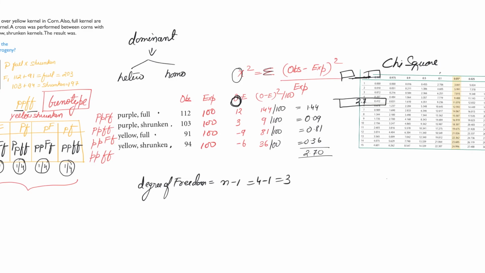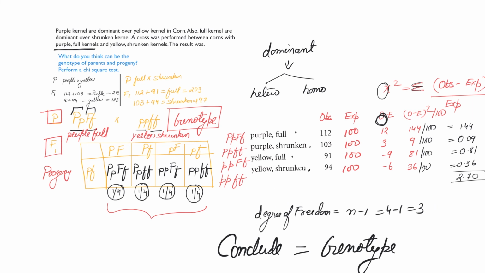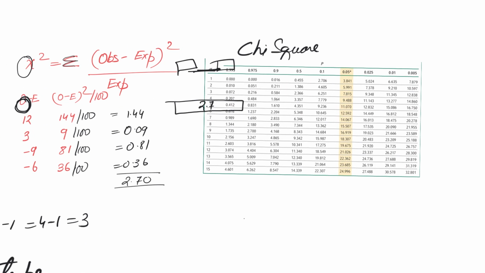Okay, so now we can conclude that our assumption, our genotype evaluation, that one of the parents must be heterozygous for both the conditions and the other parent must be homozygous for the recessive condition, our conclusion is that we were correct, right? So we were correct. And the probability that the difference we are observing is due to chance is between 0.5 and 0.1.